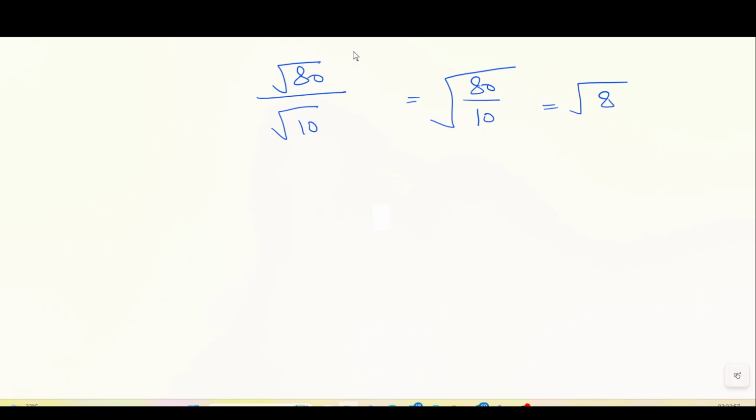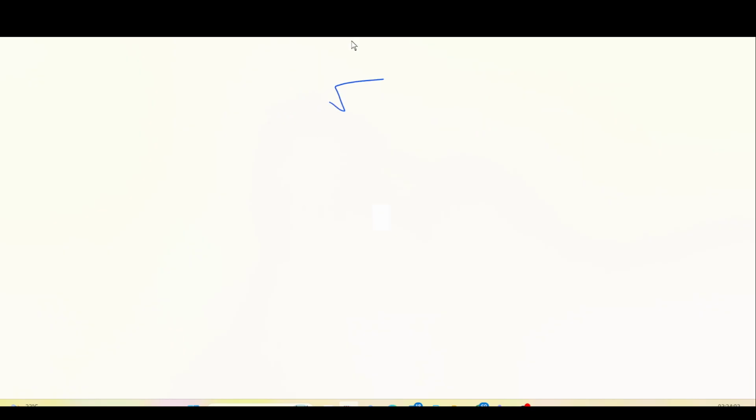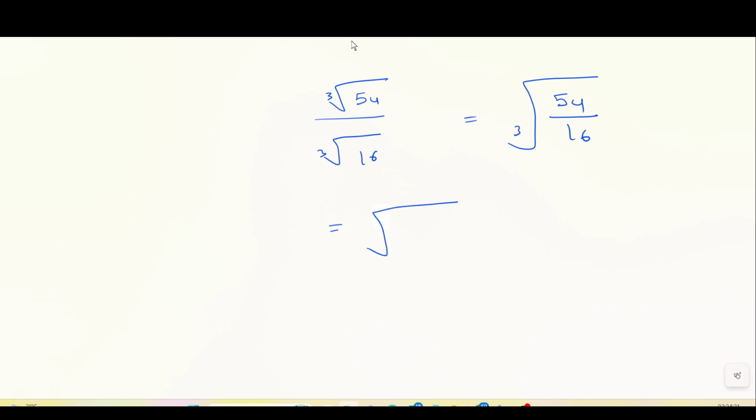Or if I have, let's say, cube root of 54 divided by cube root of 16. I can make a common cube root for 54 and 16, and if I divide both of them by 2, I will get 27 over 8. 54 divided by 2 is 27. 16 divided by 2 is 8, and that's our answer.